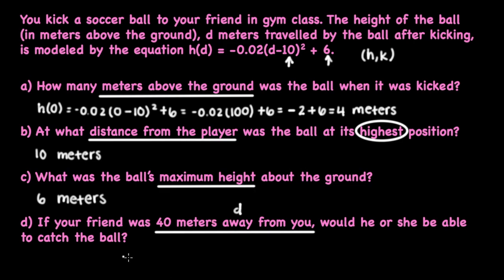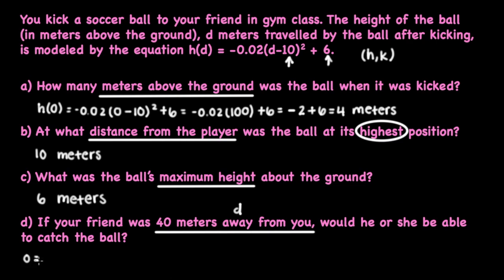So we want to know if the distance was greater or larger than when the ball is going to be dropping to the ground, or reaches the ground after kicking. And that means we're looking for the x-intercept. That would be our critical point that this question is asking for. So if we set h of d equal to 0, we can find when the ball reaches the ground and see if that is 40 meters away from where it was kicked.